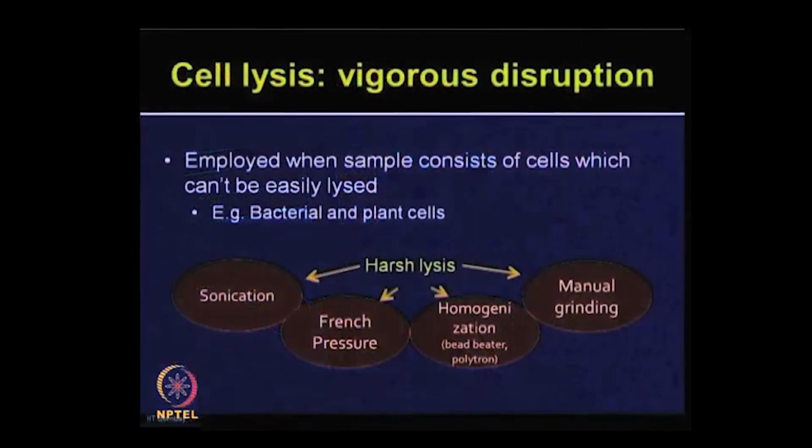Sonication and French press are more used when you are working with bacteria, yeast, or other types of cells which are difficult to open. We will talk about these in more detail in a specific example when we talk about how to extract proteins from a bacterial sample.